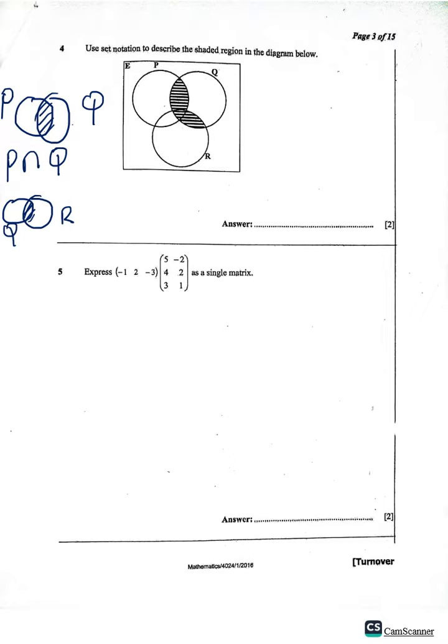So whenever you are trying to add these two intersecting areas, this should just be written as P intersecting Q in brackets, union. So union here, we are trying to include now the Q intersecting R. So this is the answer. Now we can move on to question 5.